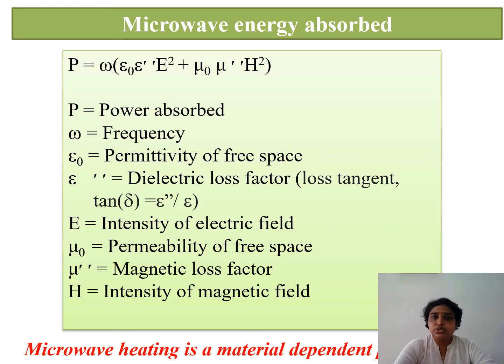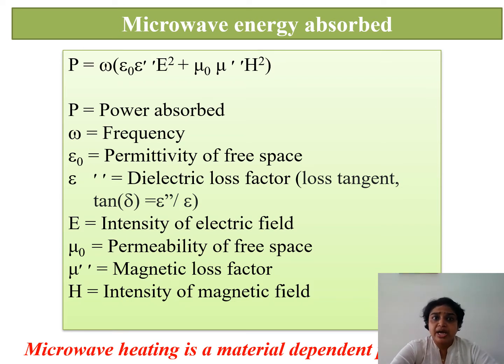Very famous Joule heating. Now, I'll be coming to the microwave energy absorbed by the material. It is denoted here by capital P. Omega is the frequency of applied radiation, epsilon zero is the permittivity of free space, and epsilon double dash is the dielectric loss factor, which represents the loss tangent as well.